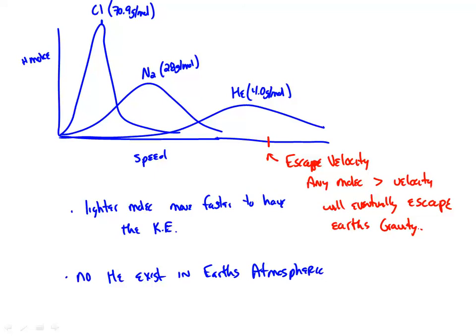And so Mars' atmosphere is mostly carbon dioxide because it's heavy enough to not have escaped from Mars' gravitational field. If you go to the moon, there's almost no atmosphere because all of the gas particles can achieve escape velocity and over billions of years have escaped from the moon's gravity well.